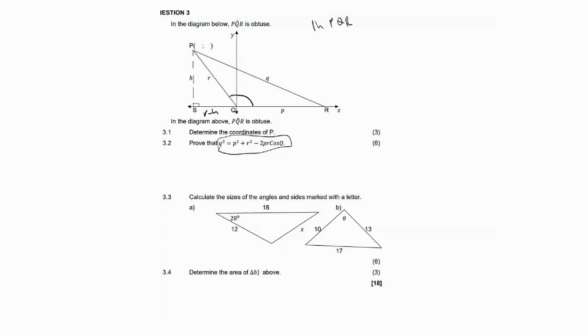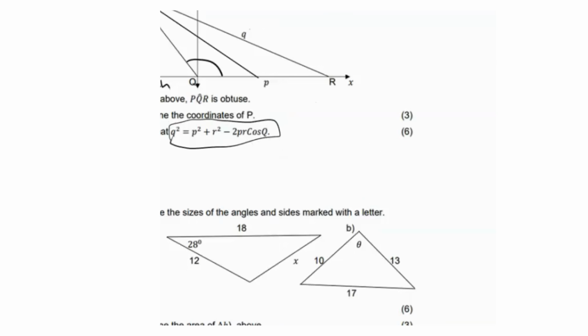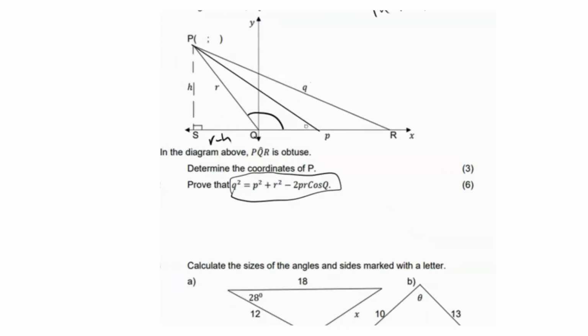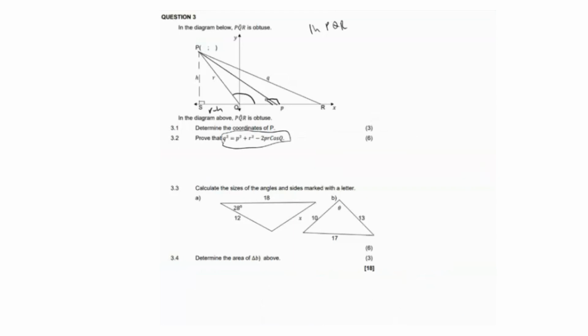Let me look for a straight line here, and we must try to cut these triangles so that they may be right angle triangles, and then we will choose the triangle that we are going to use here. Sorry about the side. We have made these triangles right angle triangles. So now this whole thing here, it's P.